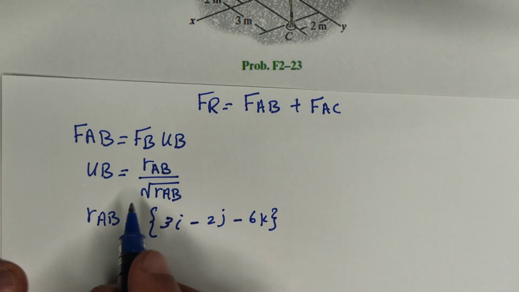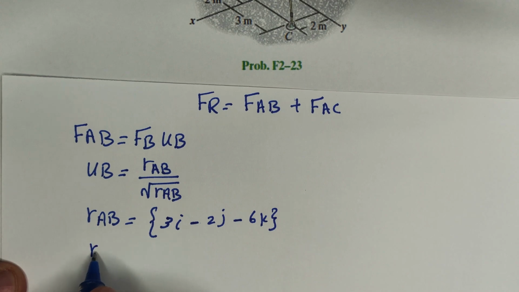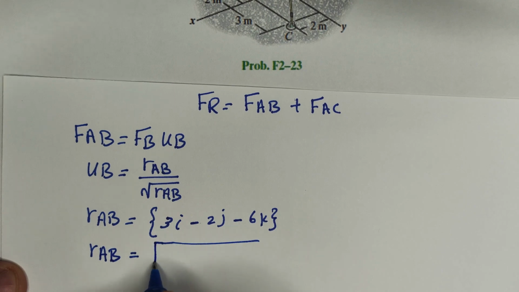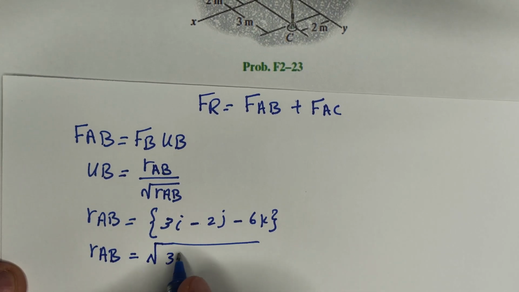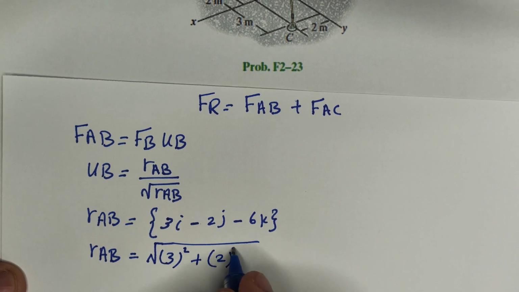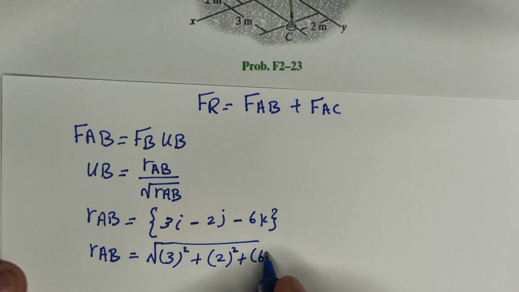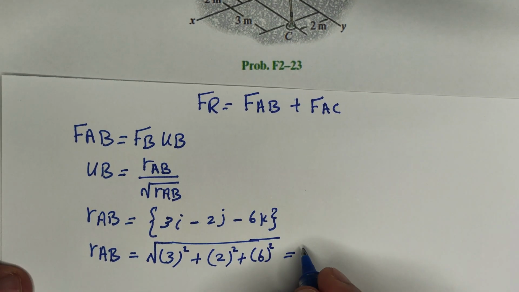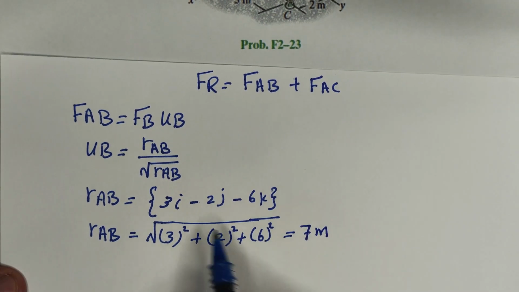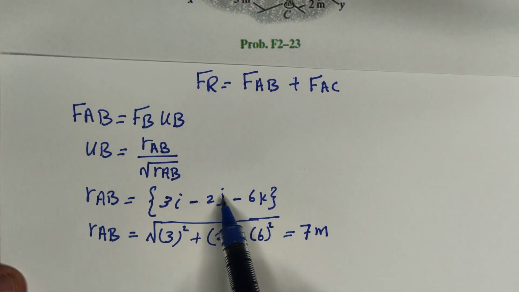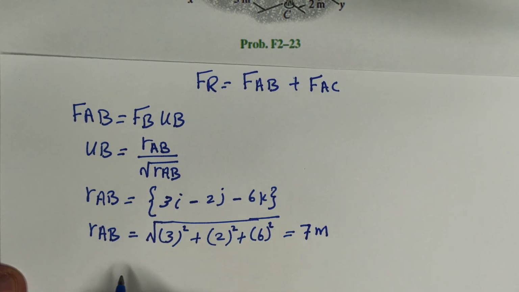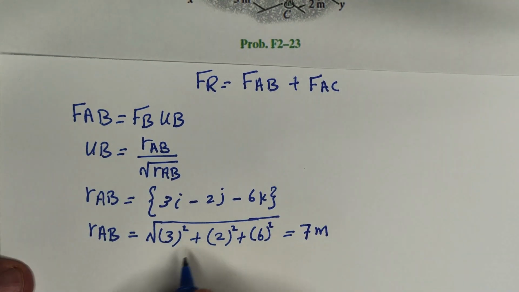Now finding the magnitude of that position vector, the magnitude of RAB equals the square root of these coordinates squared and summed together, and all of that should equal 7 meters. Now if we divide the coordinates by the magnitude, we get the unit vector.